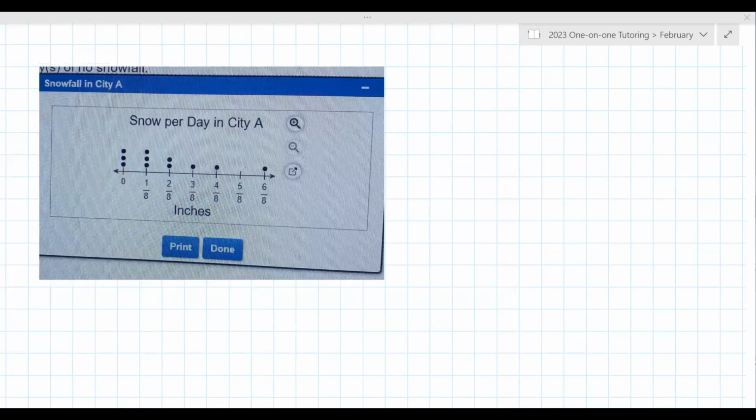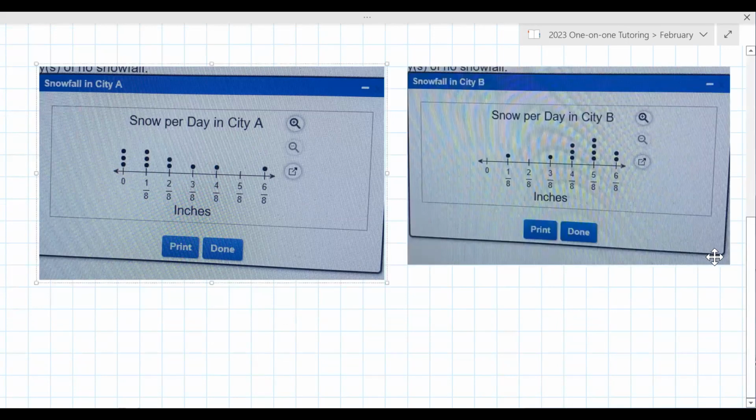I see it 6/8. Okay, so is it asking for the total snow or just the snow per day? It's asking for the total. Okay, all right. So let me put B in here so we've got them side by side.